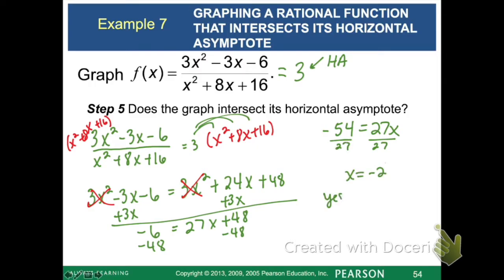In the end, we get x equals negative 2. So my answer is yes, we cross the horizontal asymptote at the point negative 2, comma 3. X was negative 2, and y was the 3. That's what we set our function equal to.